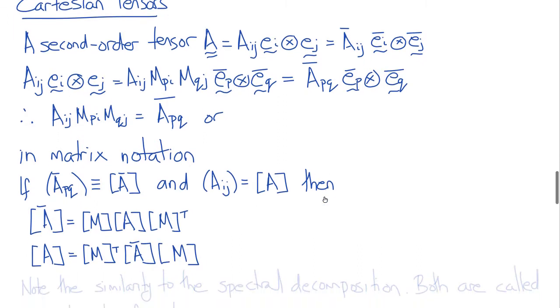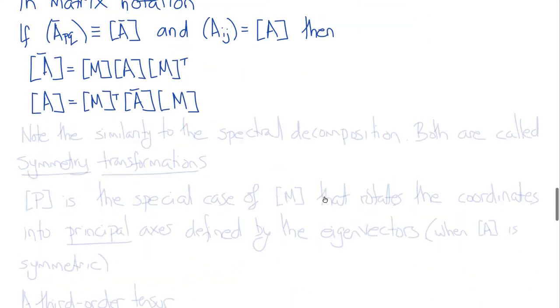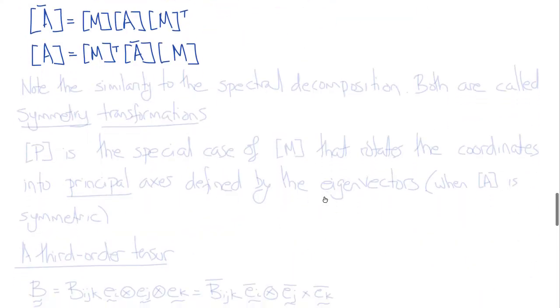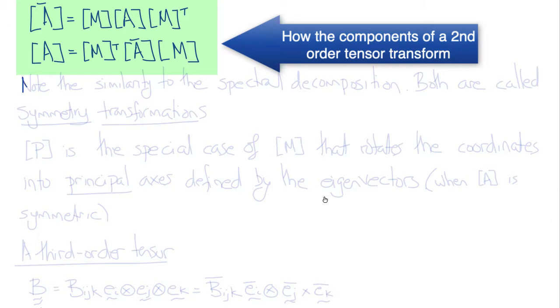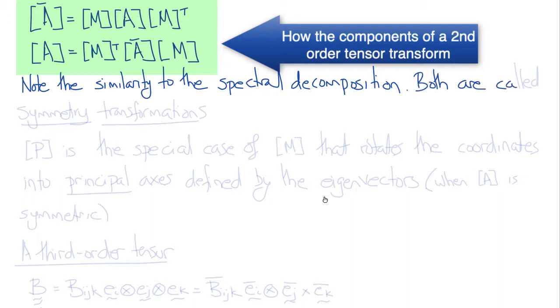So this is the equivalent application of the orthogonal rotation M to a tensor instead of to a vector. So now we use M twice instead of once. And we've actually seen a transformation of this kind before. This is the same form as the spectral decomposition, and transformations of this kind are called symmetry transformations.